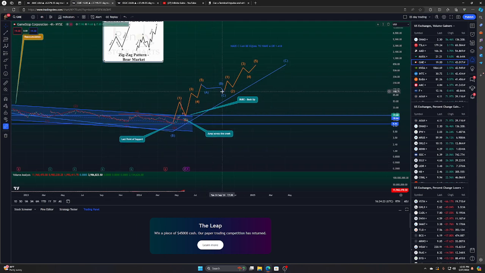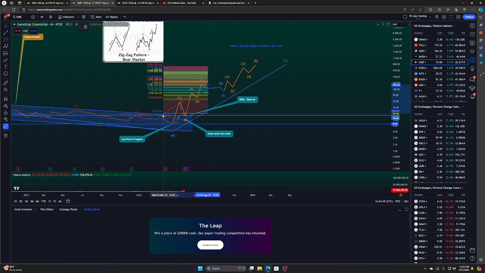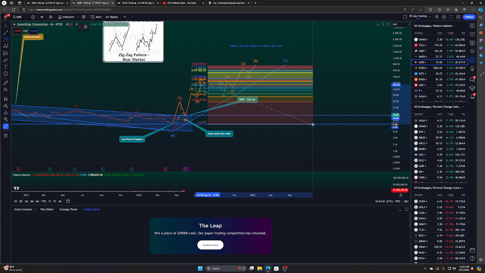Then we could get an additional 1, 2, 3, 4, 5. And if wave C is the same as wave A, then we would just take that measurement and put it here, okay, well, maybe that's not appropriate. Okay, how about we don't do the same length? How about we just do the 0.186 extension? I don't want to do those crazy numbers.